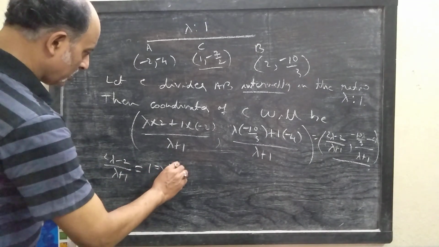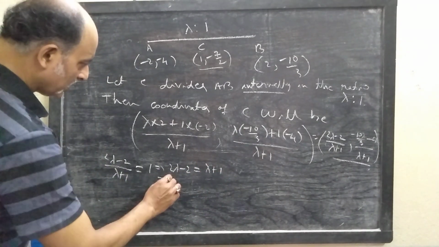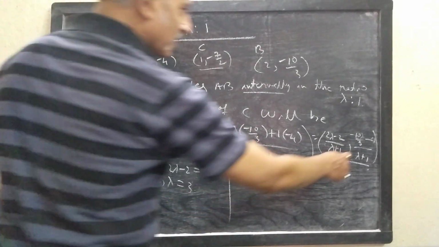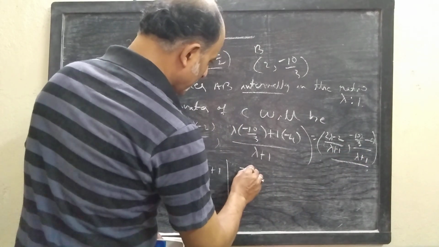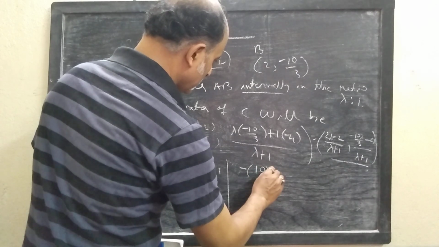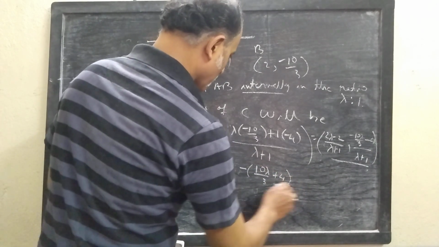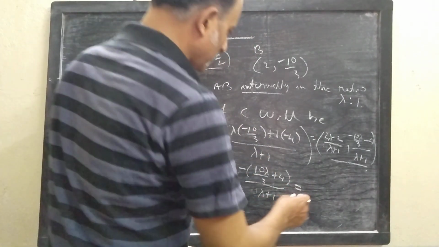Solving this we get 2 lambda minus 2 equals lambda plus 1, that ultimately gives lambda equals 3. Next, if we equate the ordinate part, then we get, taking minus common, 10 lambda by 3 plus 4 by lambda plus 1 equals minus 7 by 2.